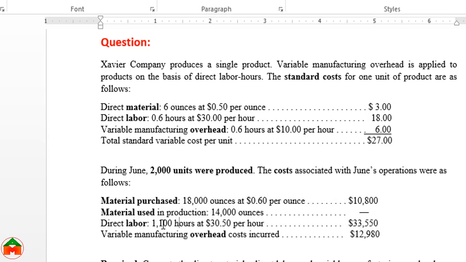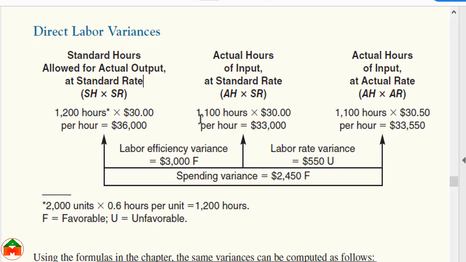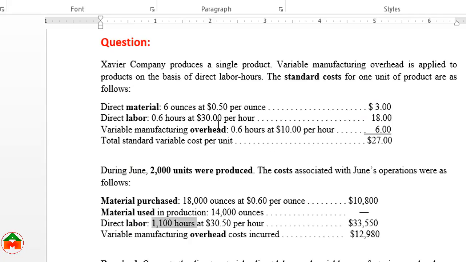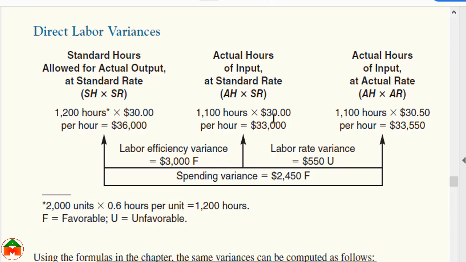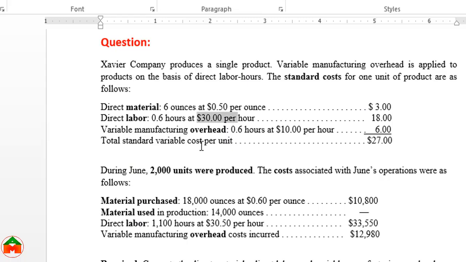So from this actual amount, the labor hour is 1,100 hours, and the standard rate we have already seen is $30. Actual hour is the same, 1,100 hours, and the actual rate from the question is $30.50 per hour. So this is the actual rate.